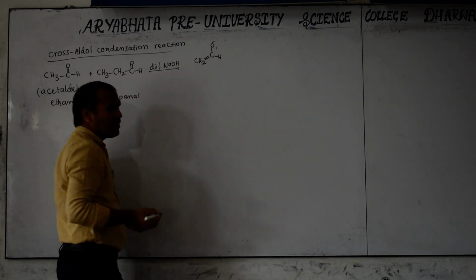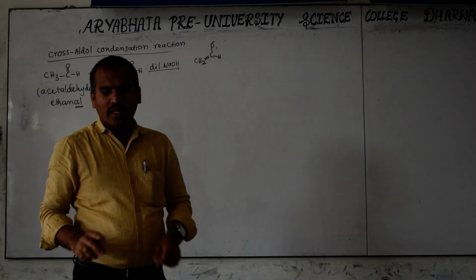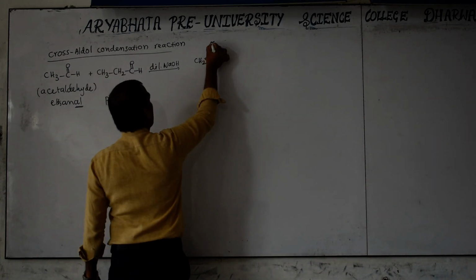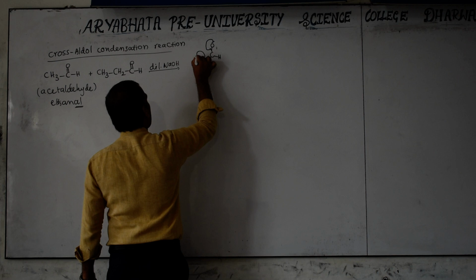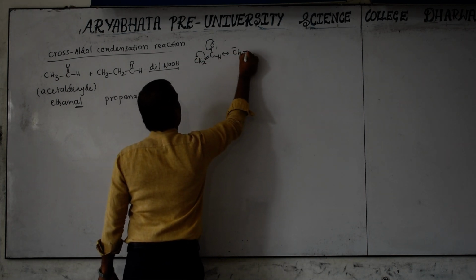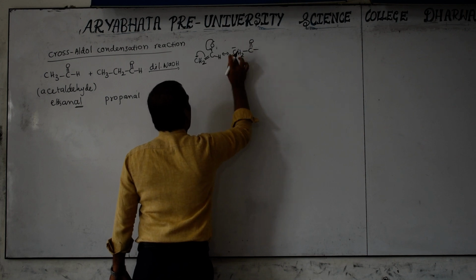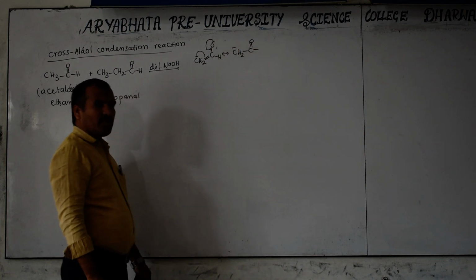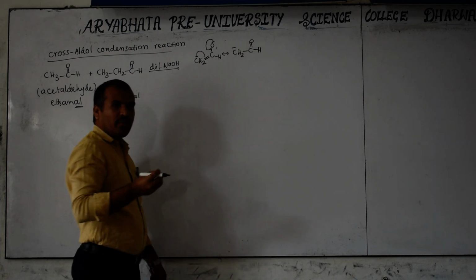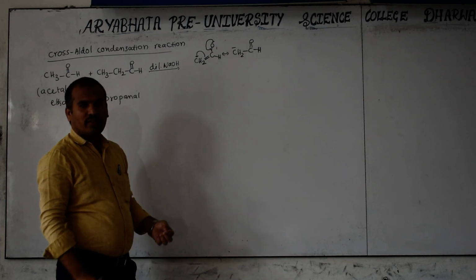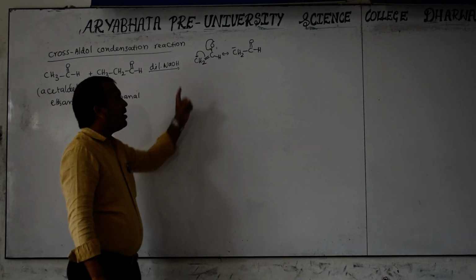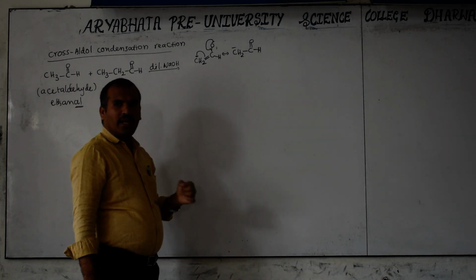Otherwise, in some books instead of enolate, they convert it into the carbanion form. This becomes like CH2 minus C double bond O. When the negative charge is on carbon, it is called a carbanion. You may have studied carbocation, carbanion and free radical in the first year. These are the intermediates, so any of them may be considered as an intermediate.